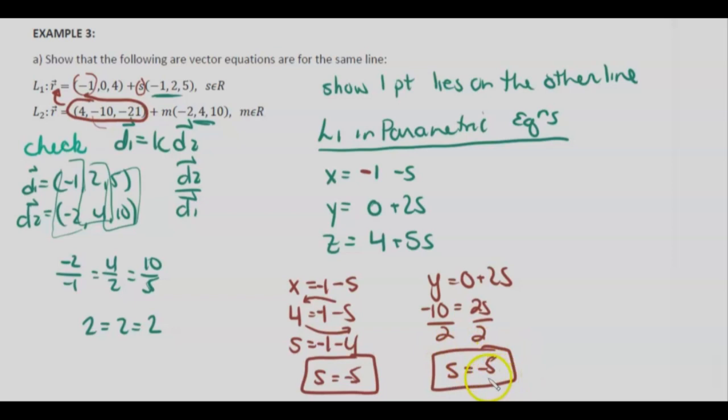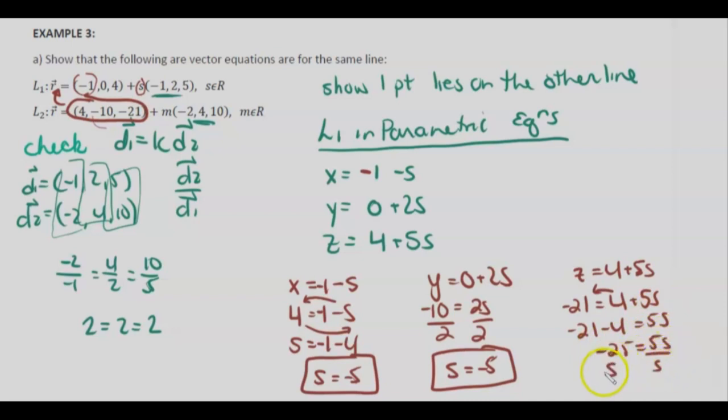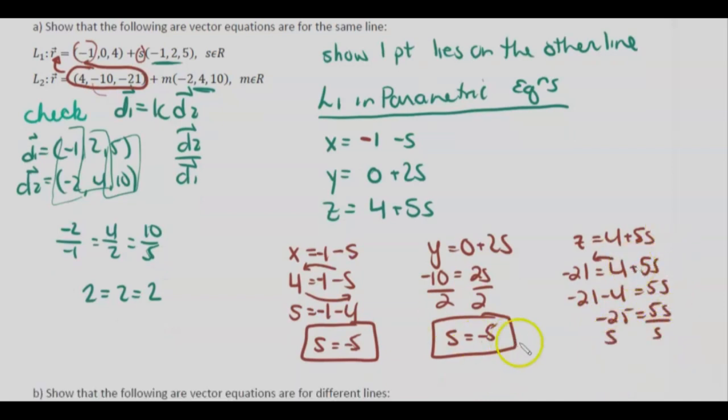Okay, so there's some parameter s equals negative 5 that we can sub in to at least get the x and the y. But it has to satisfy all three. So let's try z. Okay, z is negative 21. So 4 plus 5s. Bring over the 4, so negative 21 minus 4 equals 5s. I get negative 25. Divide both sides by 5, and I get s equals negative 5.